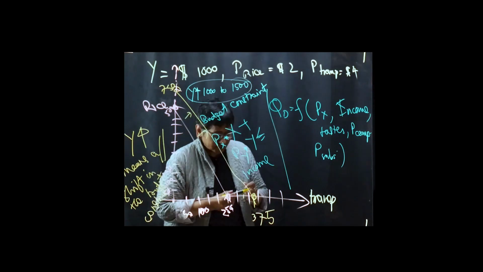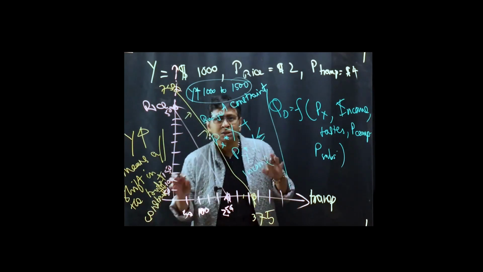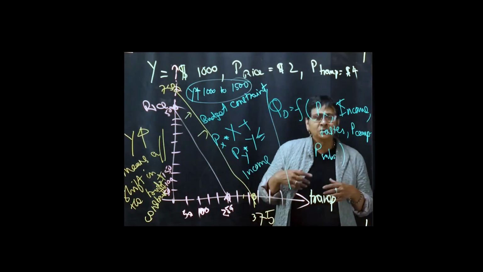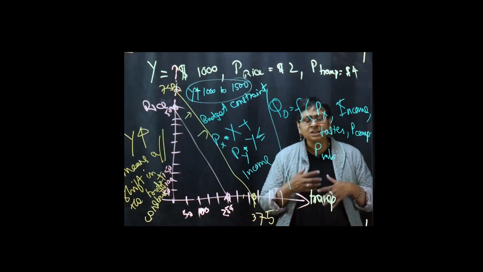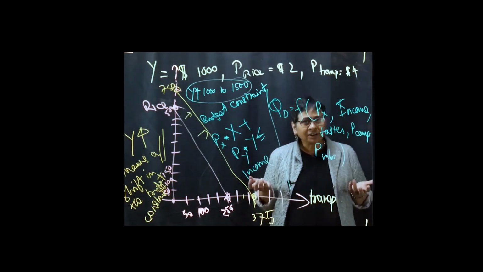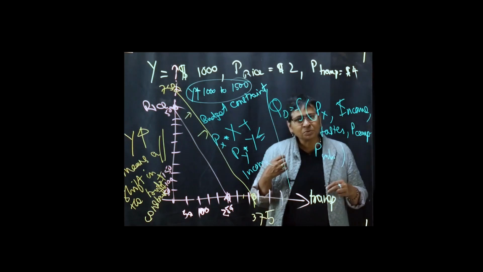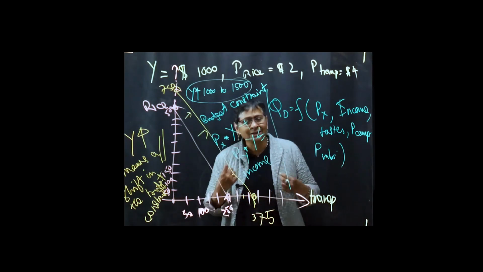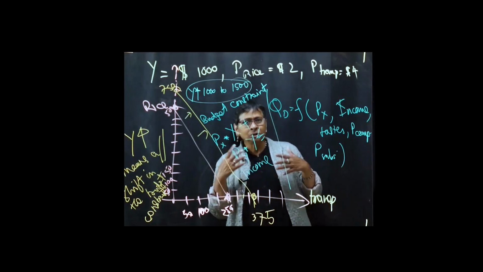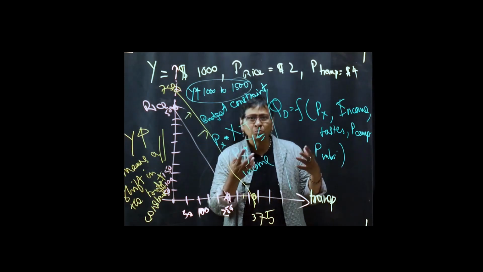So this is like what you've seen before. You've done all these PPF problems for me, where you had growth, where you had ability to do more goods because of productivity, right? From the individual perspective, an increase in income is like that. From an individual perspective, you can buy more, you can access more.